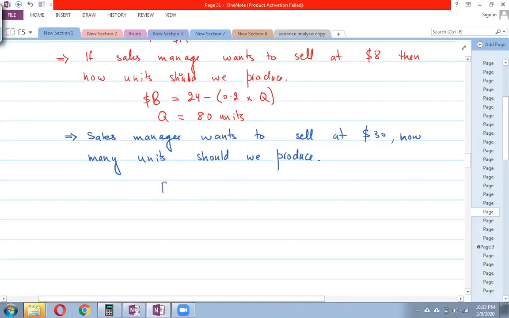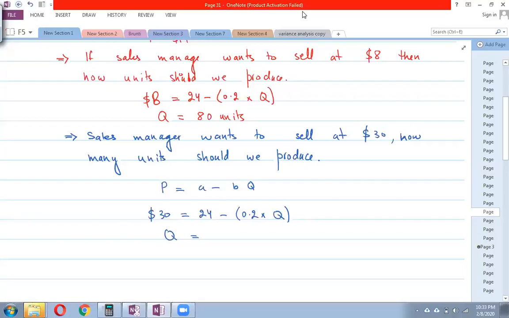So again, P is equal to A minus BQ. We want to find the quantity. So price will be 30, A is 24, B is 0.2, multiplied by the quantity. What should be the quantity? Anyone?